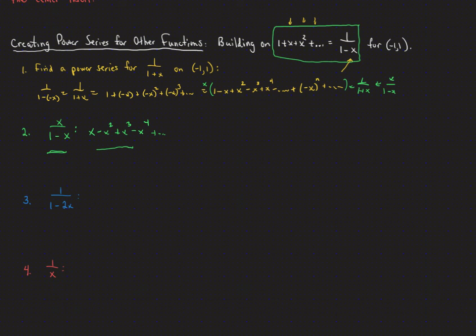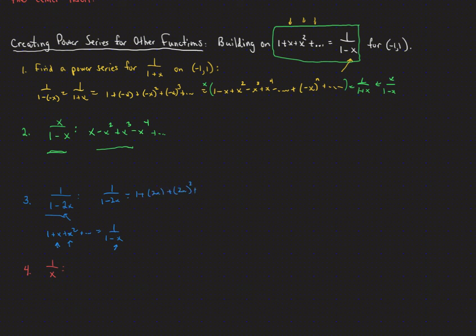Now we can find a series for this. So we start with our building block function. Remember, 1 plus x plus x squared plus on and on is equal to 1 over 1 minus x. So if we replace this x by a 2x, then this left side would become exactly what we have here, 1 over 1 minus 2x. So if we replace every x in our infinite series with a 2x, then we should get equivalence.